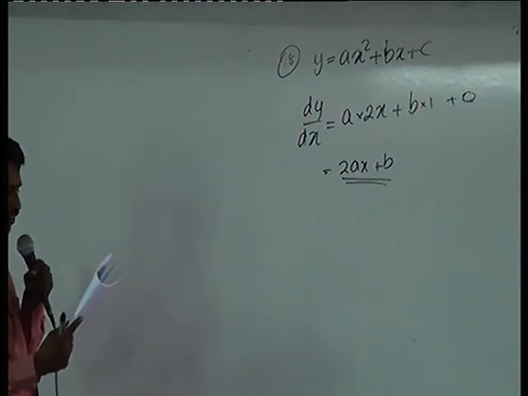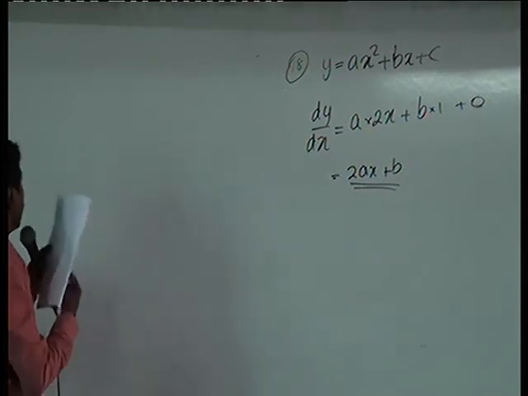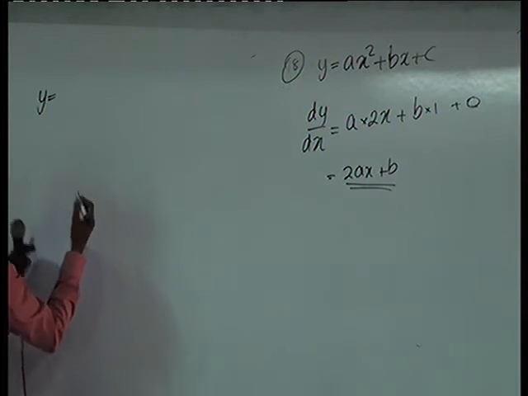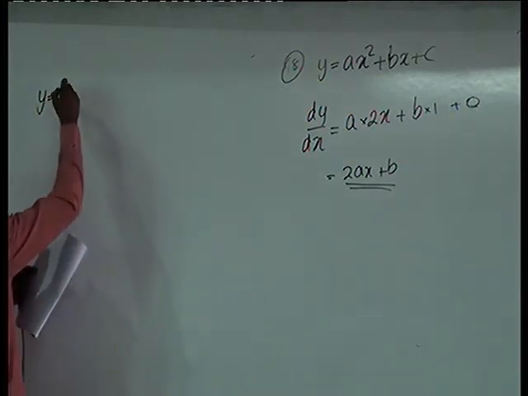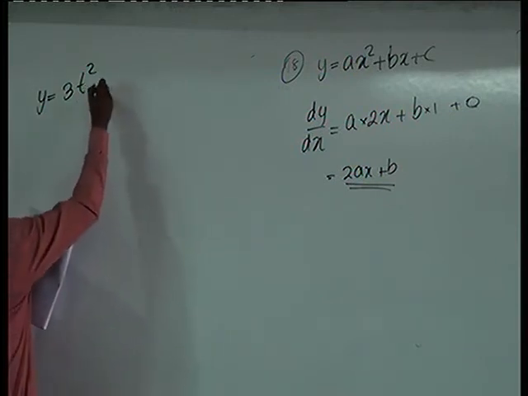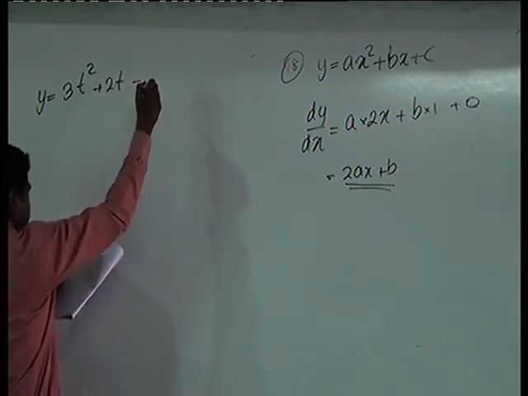First question, y is equal to 3t squared plus 2t minus 4.